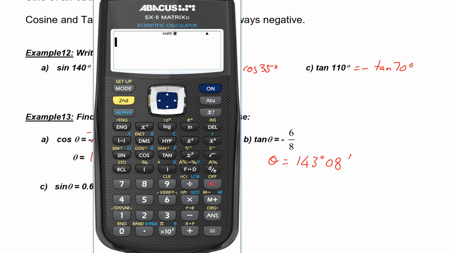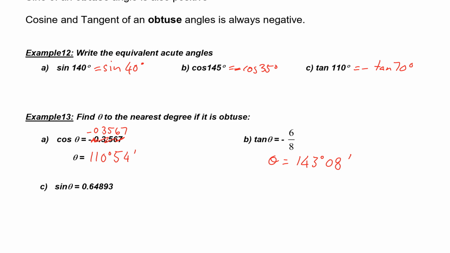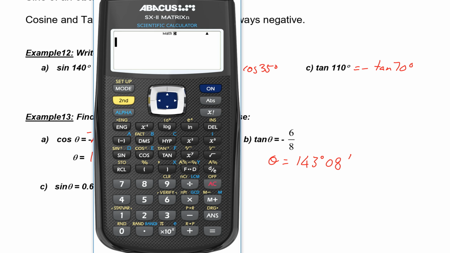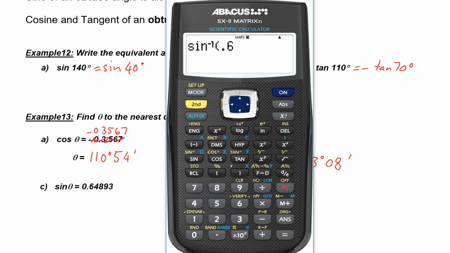Now sine is the different one, because it's already positive. So I do the inverse sine of 0.64893, and take that away from 180.